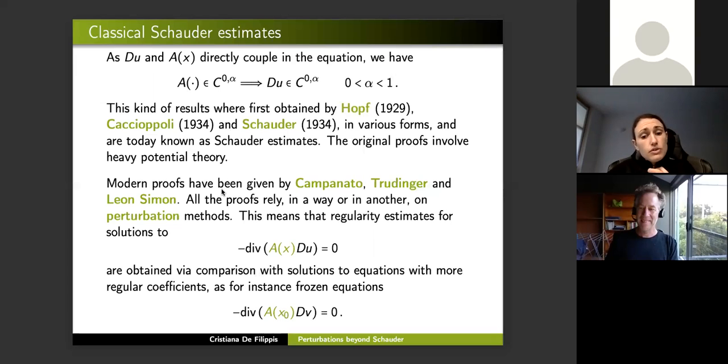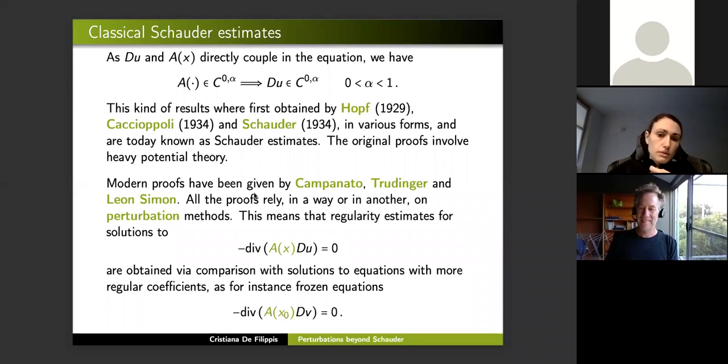Using this oscillation, it is possible to quantify the distance in average between those two functions on a certain fixed ball. And this is at the core of perturbative methods that are essentially the modern way to prove Schauder estimates for this kind of equation.